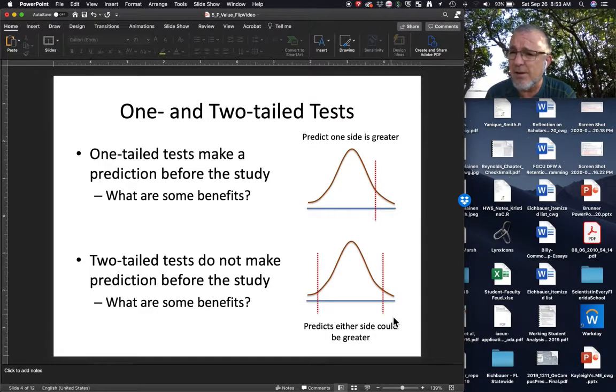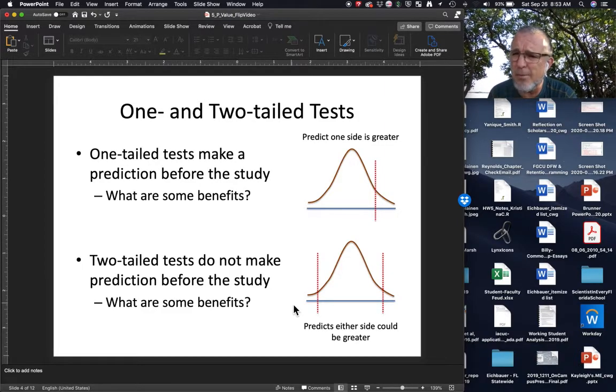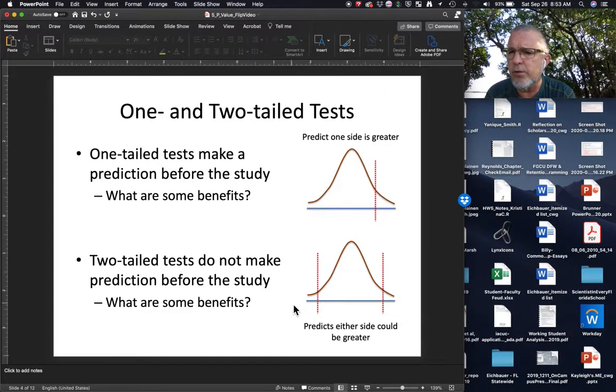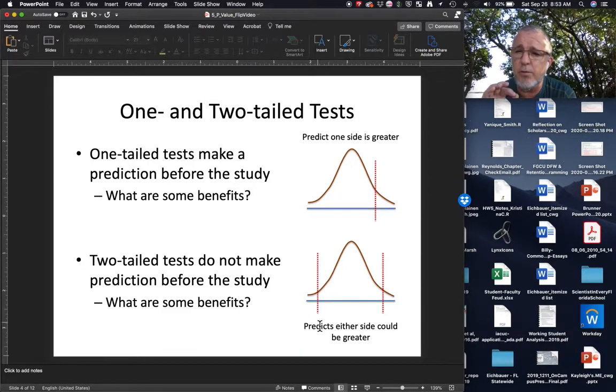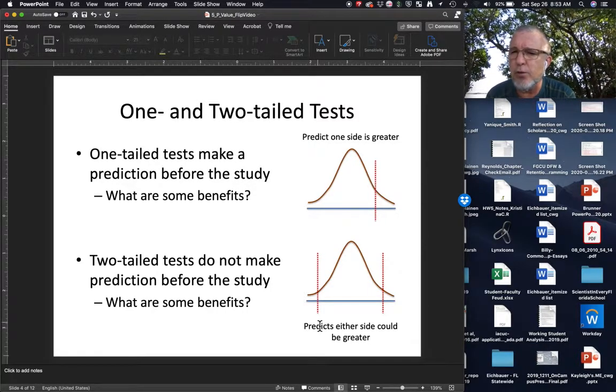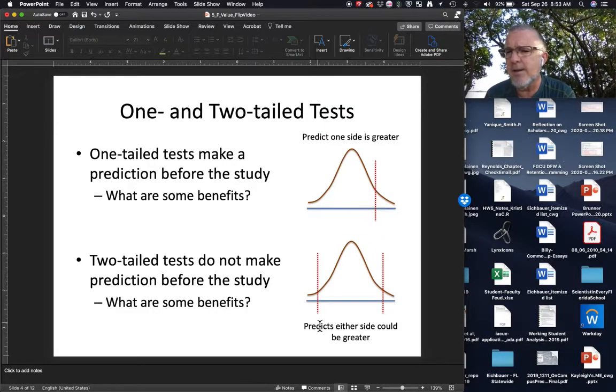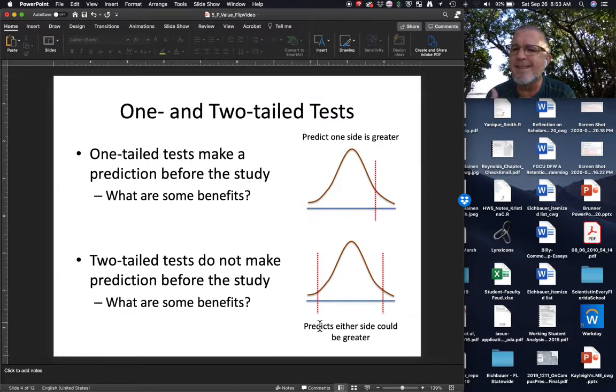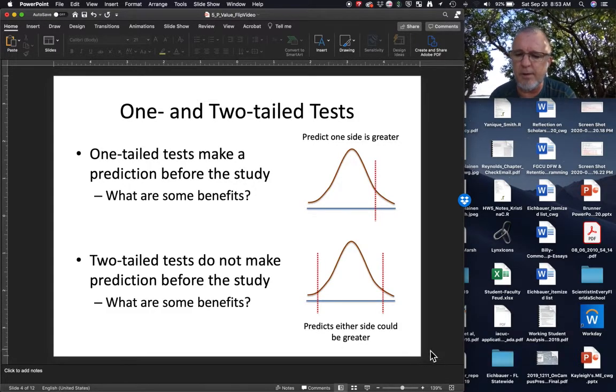This has some very clear benefits, and except for incredibly rare conditions, this is what you'll use. It is a more conservative approach. It is a more objective approach because before you do your study, you're not making predictions about the pattern that you will see. Instead, you collect the data, you analyze the data, you evaluate the data, and then you let the data tell you what those patterns are.